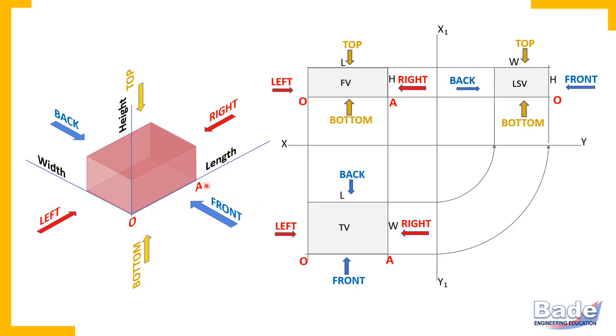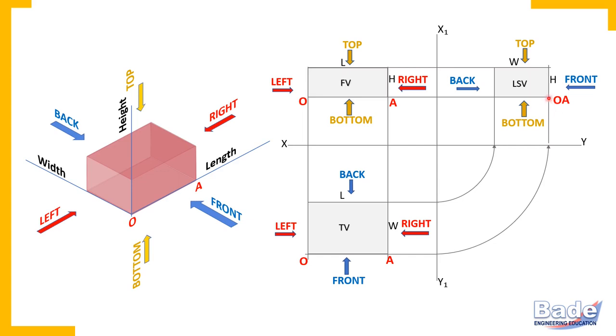Now let's check where is a point A in the side view. Point A is on the right side, but that has no significance when you want to know point A in the side view. In the side view, right, left, you cannot differentiate. So you should check whether point A is on the front or back. So point A is on the front side. And then you check whether point is at top or bottom. So point A is at bottom.